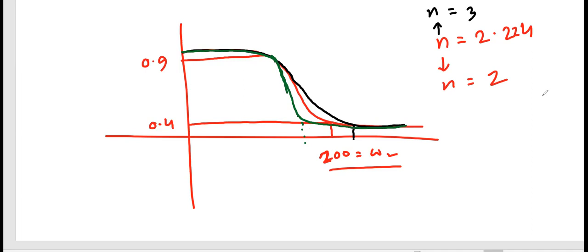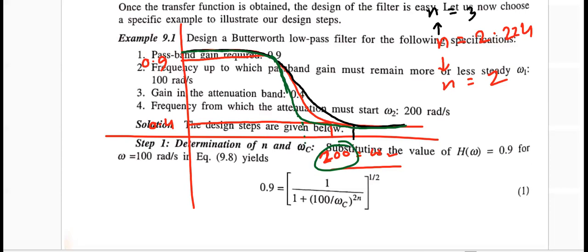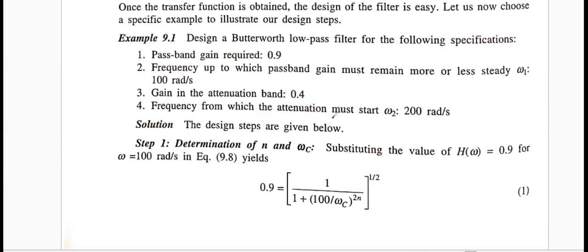The requirement says the attenuation must start at 200 radian, meaning it might start beforehand, but not after 200.